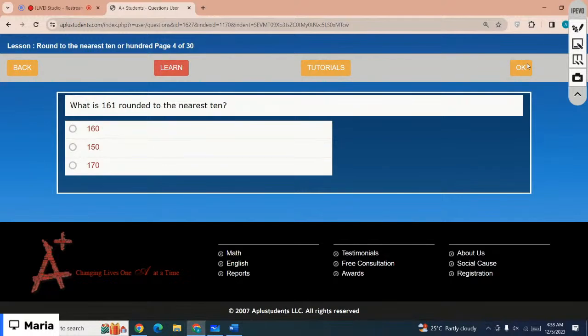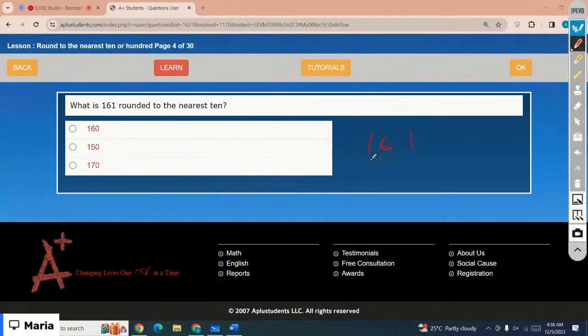The correct option is 200. But you have to round to the nearest 10. Sorry, just see the question again. The question is, what is 161 rounded to the nearest 10? So just look at the tens digit you have to round off.